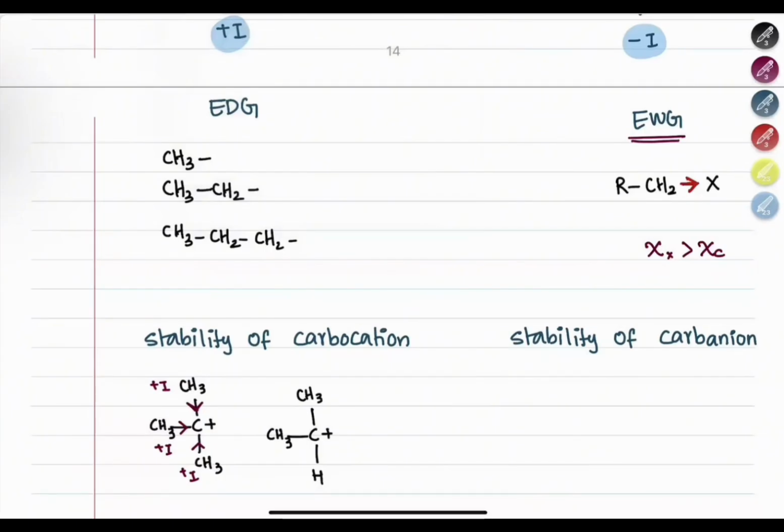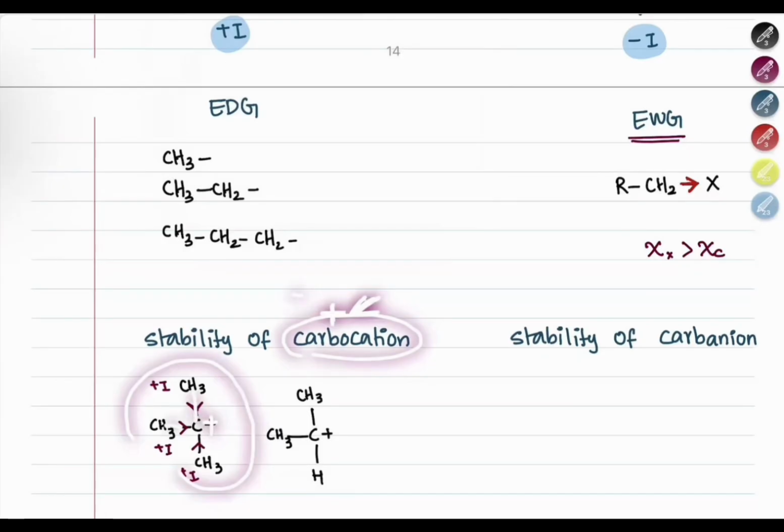So to check the stability of a carbocation, what do we have to know? We need to check whether the positive charge on the carbocation is getting reduced or not. If the positive charge on the carbocation is getting reduced by the electron movement, then that carbocation will be more stable. So in this molecule, there is a carbocation and 3 methyl groups are giving their electron density to this carbocation.